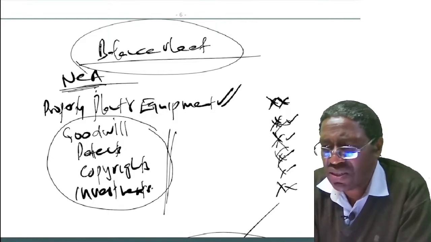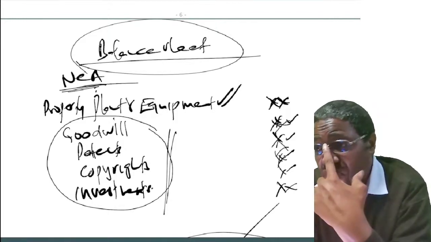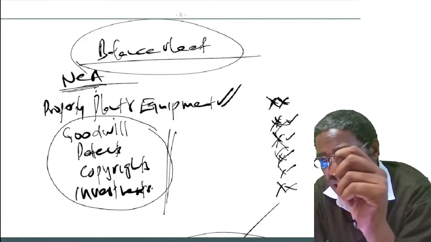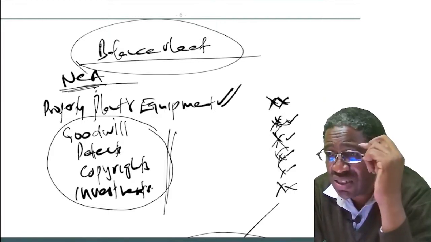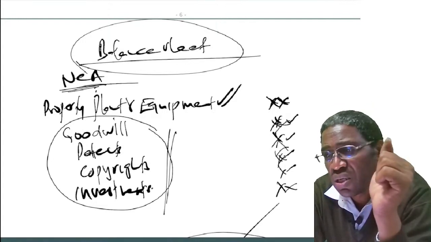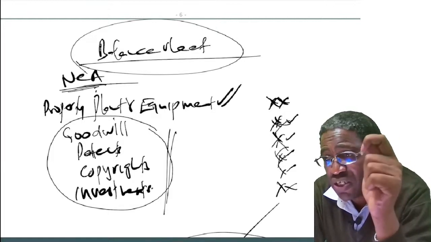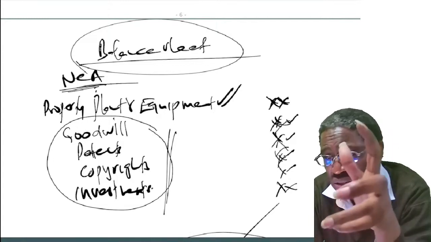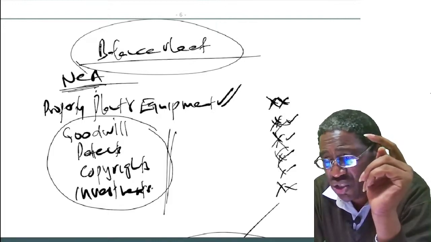Continue the paragraph. Any other fixed asset that cannot be classified as part of property, plant, and equipment should be shown individually in the balance sheet.